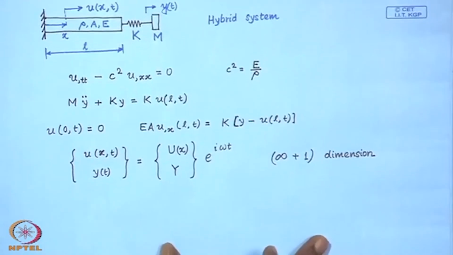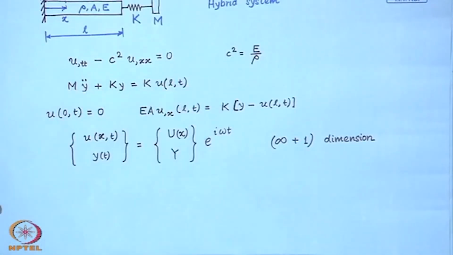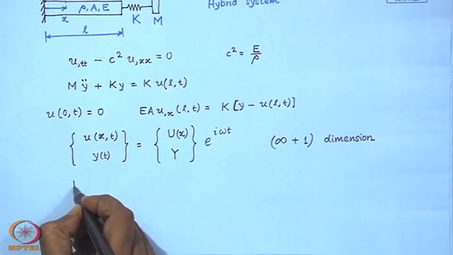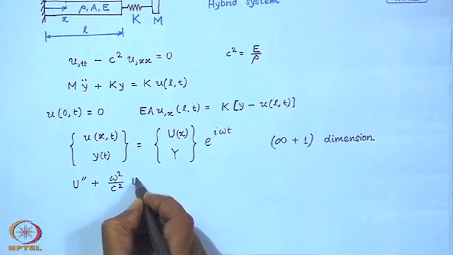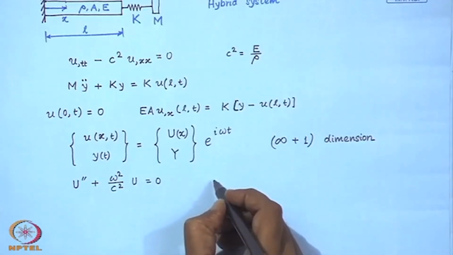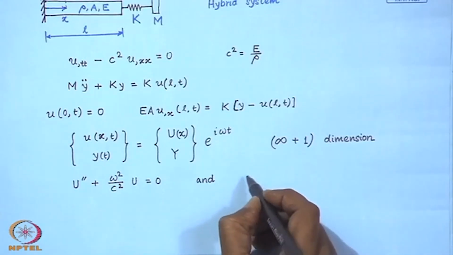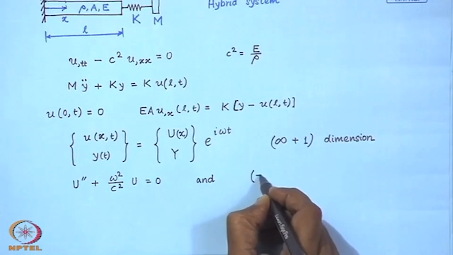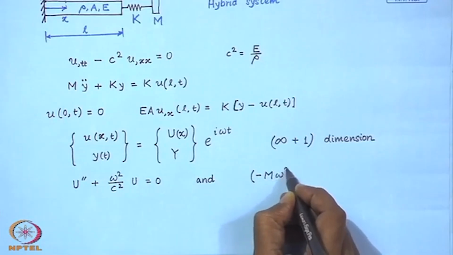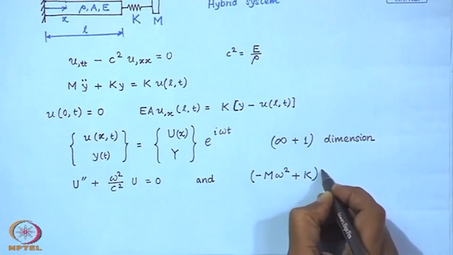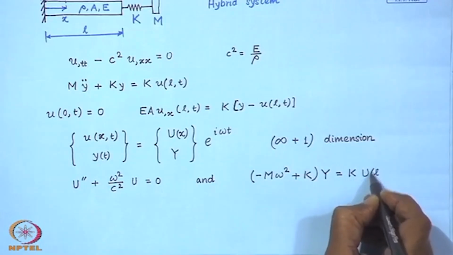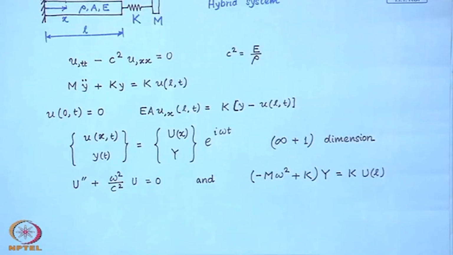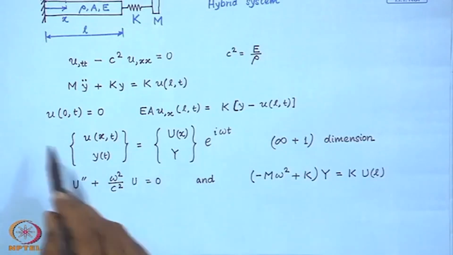So, if you consider a solution structure like this and substitute in the equations of motion, then you can immediately obtain the structure of solutions that we have been assuming.